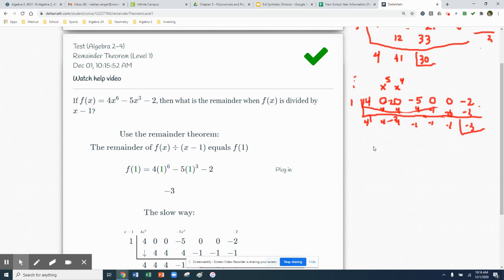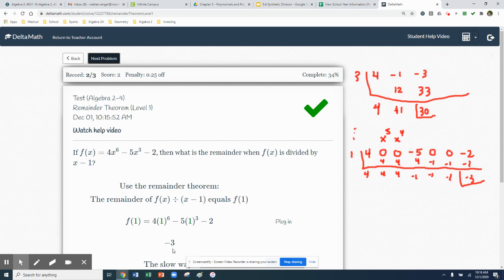So the polynomial only has a 4x to the sixth, and then it goes minus 5x to the third. So we're going from the 6 to a 3. Even though it's not in the polynomial, it would be 4x to the sixth plus 0x to the fifth, because in standard form we'd have to account for all degrees, plus a 0x to the fourth minus 5x to the third.